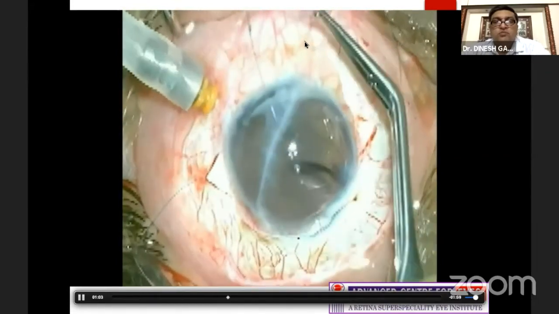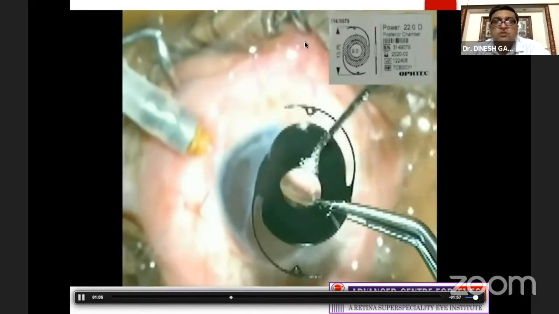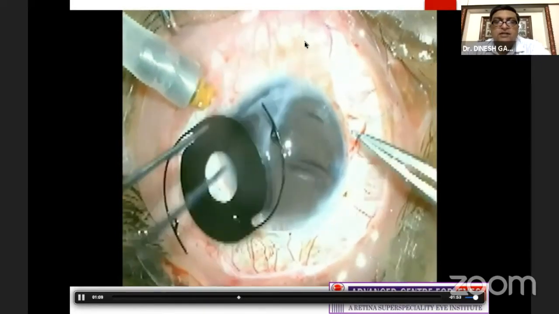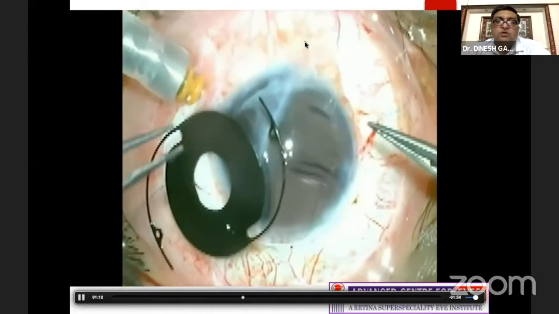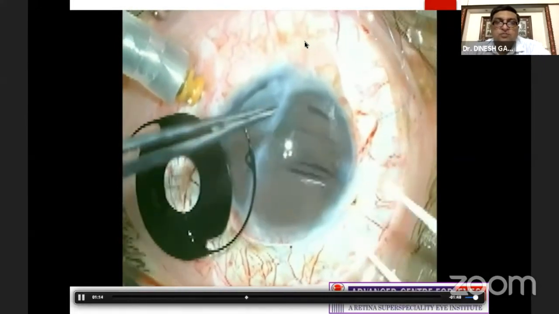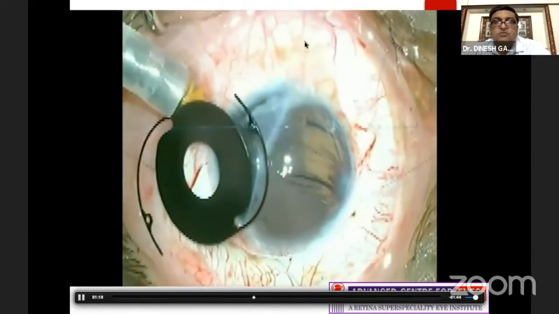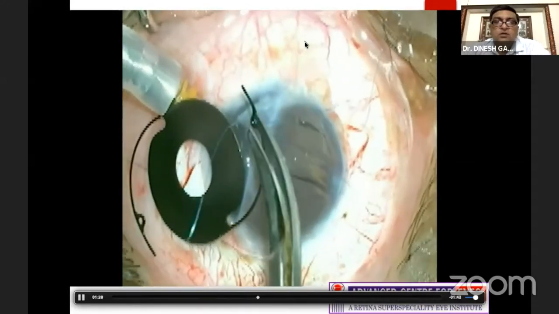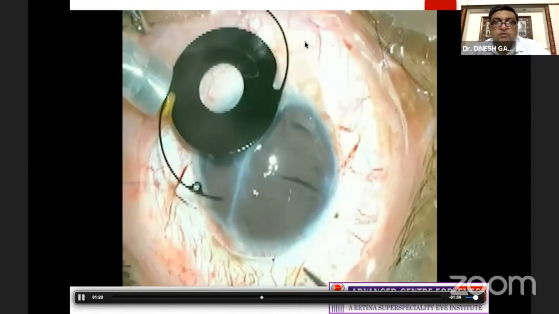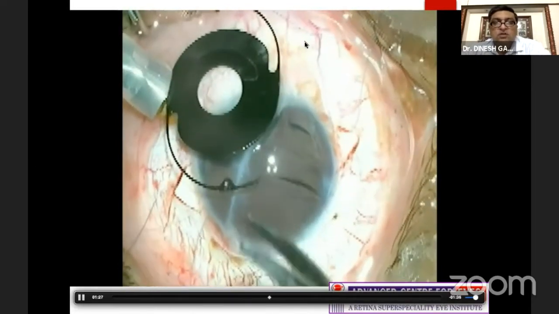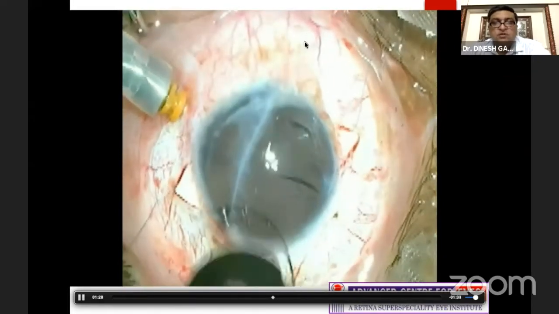The suture ends were brought out, and in this case, the person asked for a black colored aniridia lens, which was specially ordered and custom made for the patient. It takes about a couple of months to deliver, but at the end, it gives a good cosmetic result as well as the intraocular result.